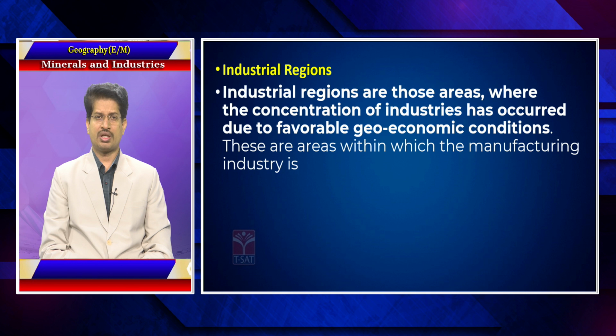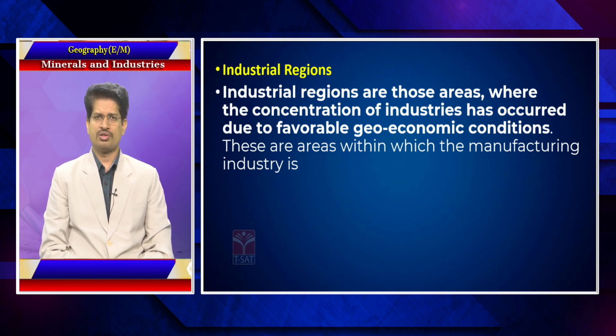the transportation cost is more in the case of the raw material, because after processing, the weight of the final produce is very less, so you need to incur a lot of transportation cost when the raw material is bulky. Establishing an industry in a region where the raw material is available will be economically advantageous for the entrepreneur.